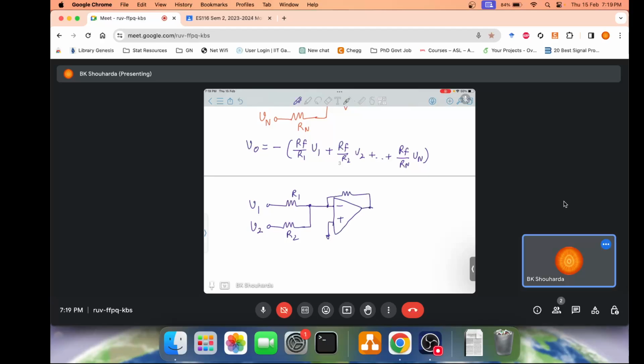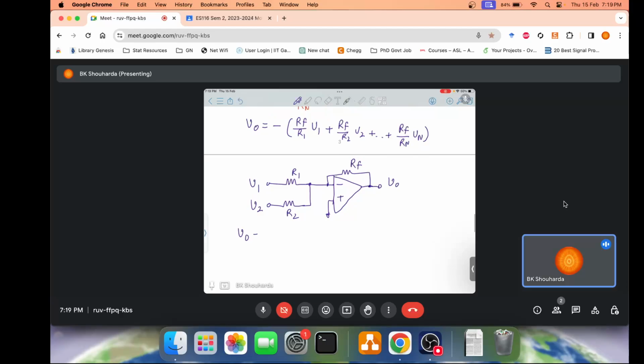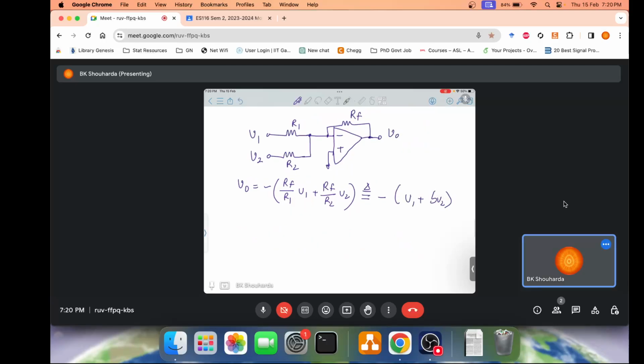We are done with the initial phase of our design, and we write our equation as VO equals minus Rf upon R1 times V1 plus Rf upon R2 times V2. And what's the equation that we are provided with? Minus V1 plus 5V2. Alright, so how do we solve for Rf, R1 and R2, all these resistances?